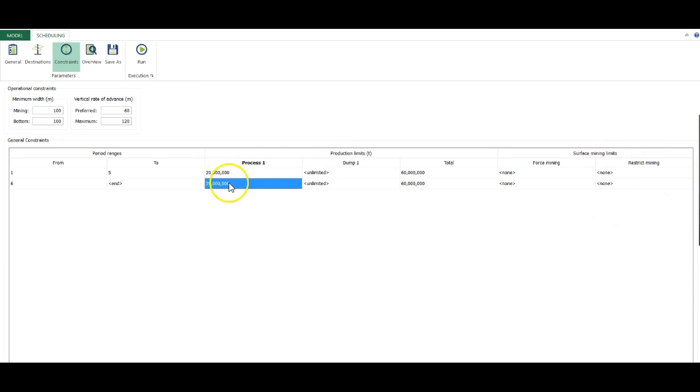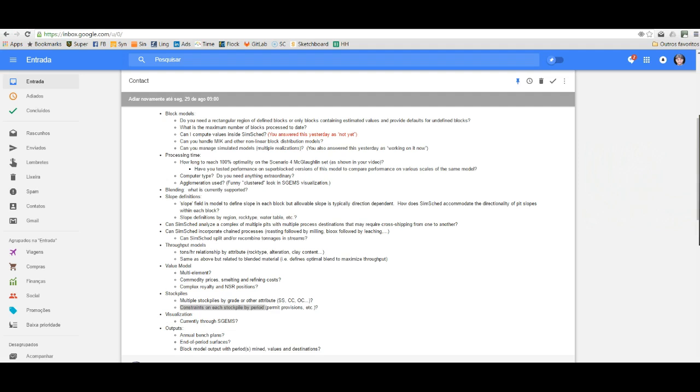I could say, here, this process is 0, and this other one is going to be 0 here and 20 million here. So in the end, you know that process 1 and process 2 are the same process, but you could include one stockpile for this one with a limit for these 5 years, and another stockpile for this one. Of course, it's a way to deceive, and it's not perfect. It's not going to send material from one stockpile to the other, but it is a way to do it with the current version.